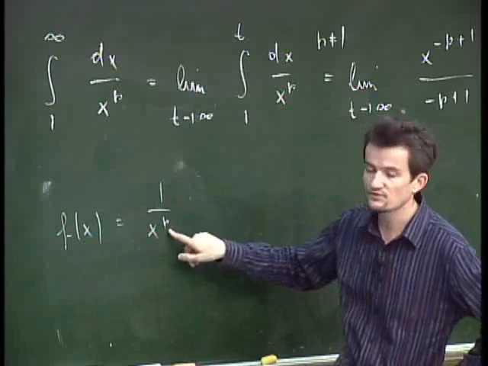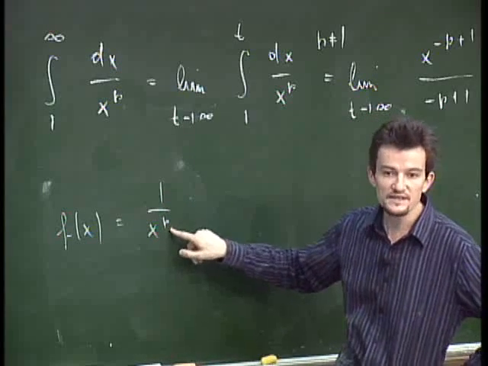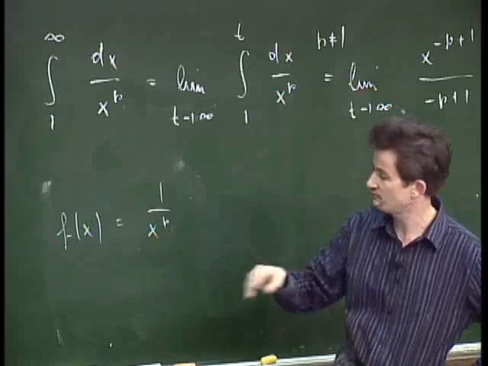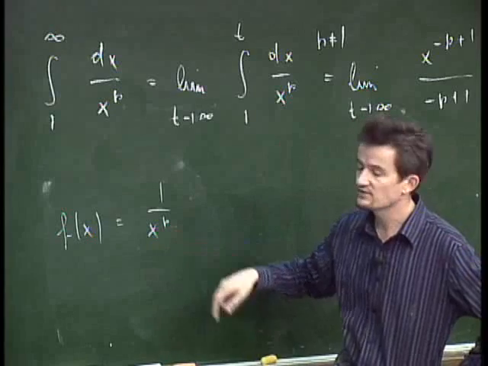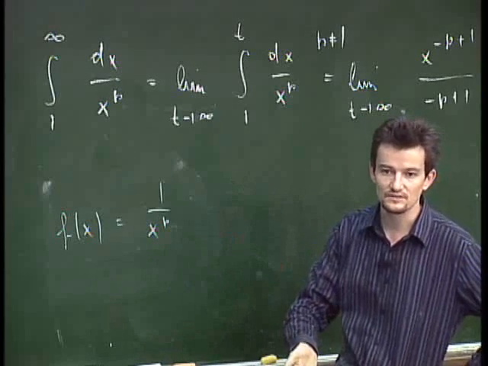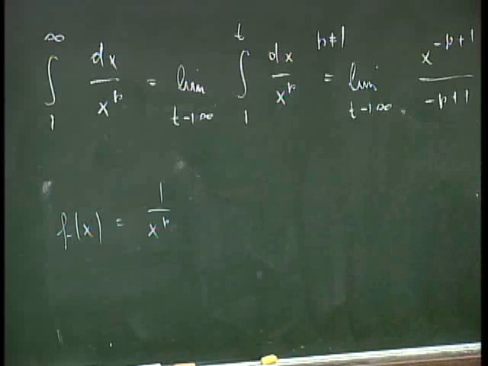Of course, the case where p is equal to 0 or even negative: in this case the area cannot exist, because if p is smaller than 0, this function is increasing, so there is no way that the area exists. The area would clearly be infinite.